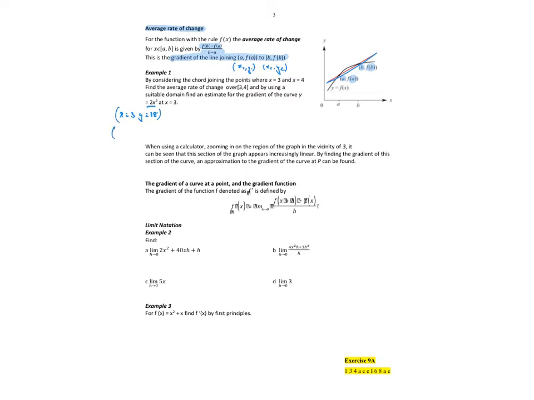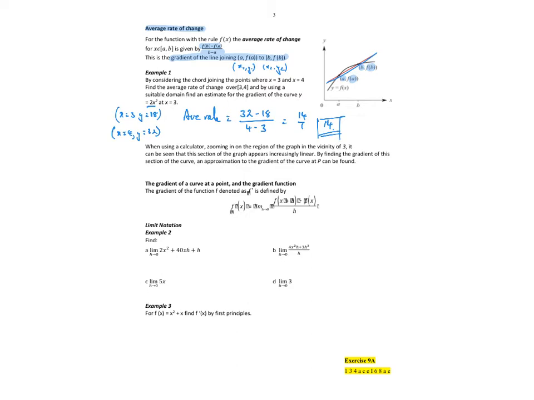And then at x equal to 4, the y value is 2 times 4 squared, which is 32. So my average rate of change is equal to 32 minus 18 over 4 minus 3, which is 14 over 1, which is 14. Okay, so there's my average rate of change. It's the gradient of the line between those points.